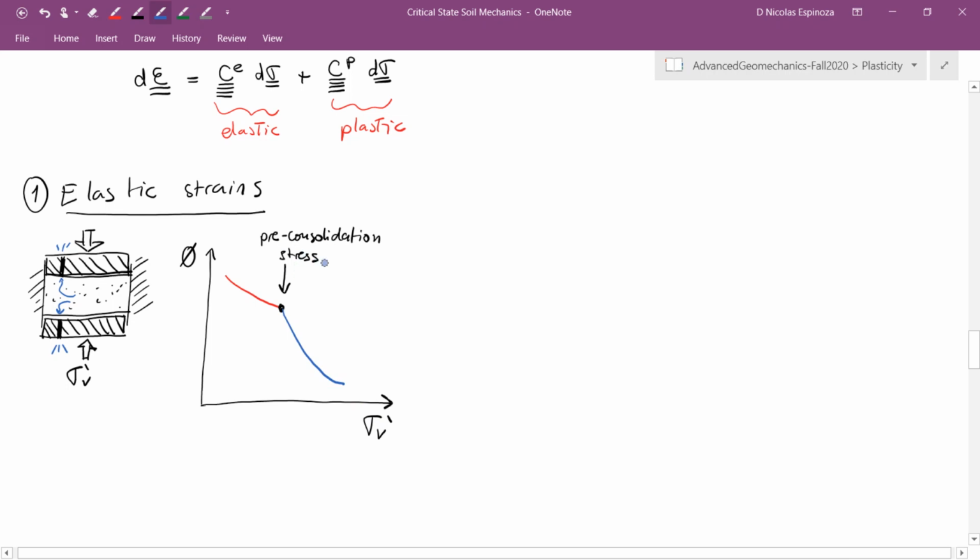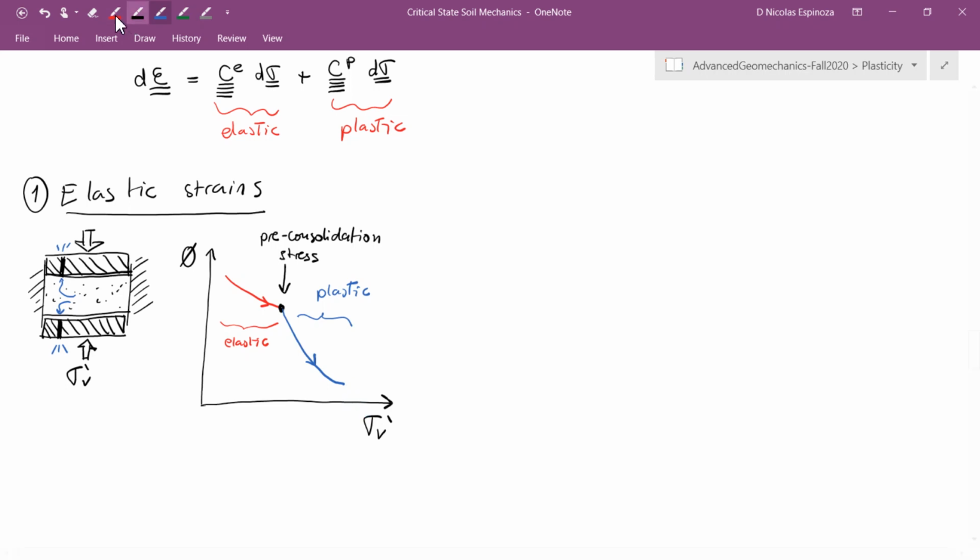And that's why this is called a pre-consolidation stress, because before this point, during loading, most of the strain is elastic. And after you reach the pre-consolidation stress, the deformation is going to be plastic. Notice that after that point, the porosity changes significantly as you increase the stress.